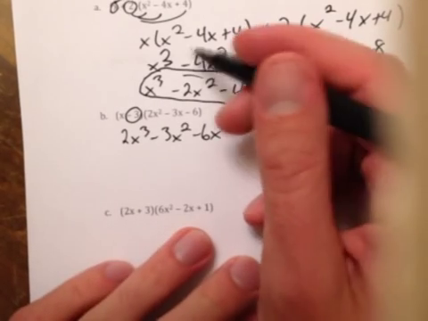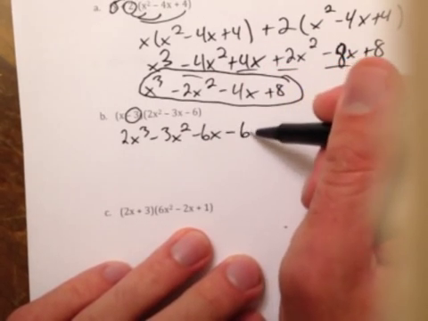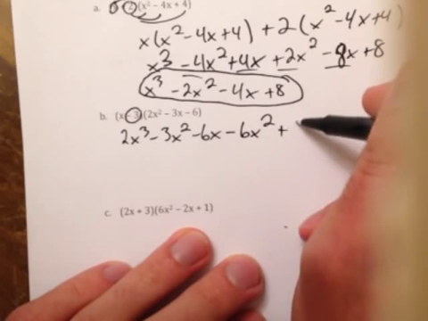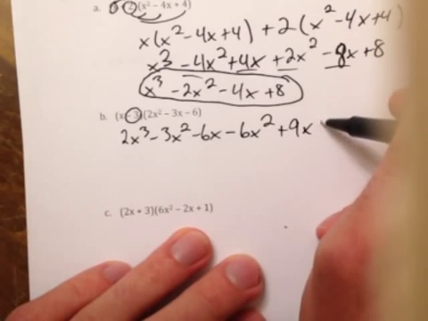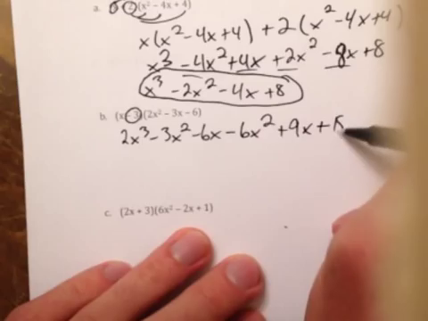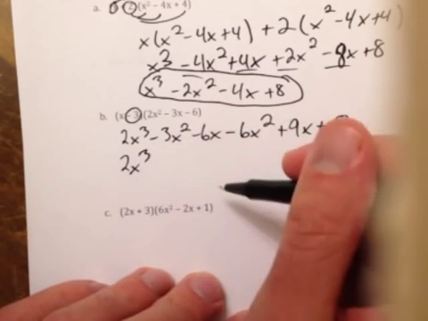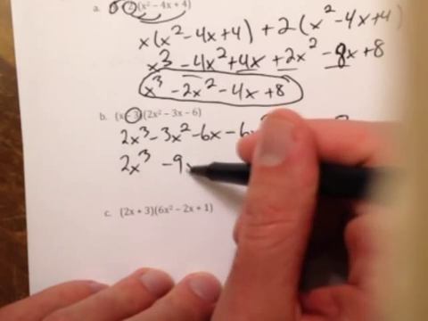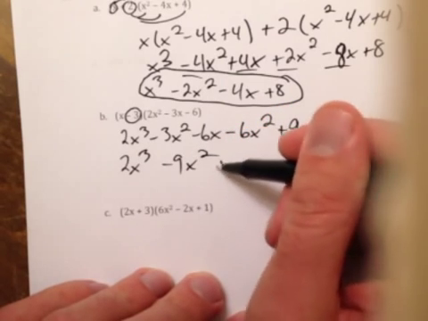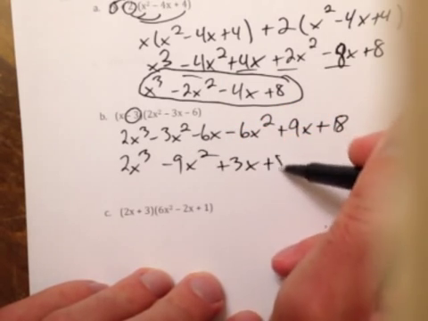When I distribute my -3, I get -6x squared plus 9x plus 18. Combining my like terms, 2x cubed minus 9x squared plus 3x plus 18.